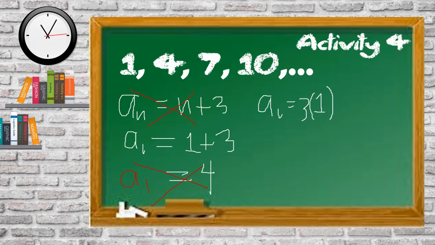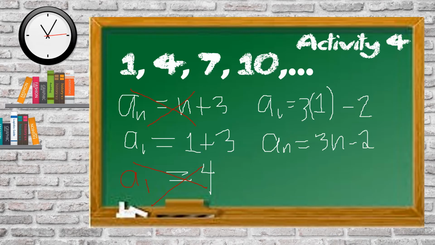Tama. We can subtract 2. Ulitin natin 3 times 1 is 3, minus 2 is 1. Tama na para sa ating first term. Now, isulat natin in equation form. So, a sub n equals 3 times n minus 2.